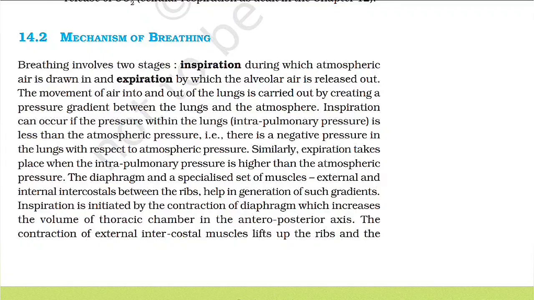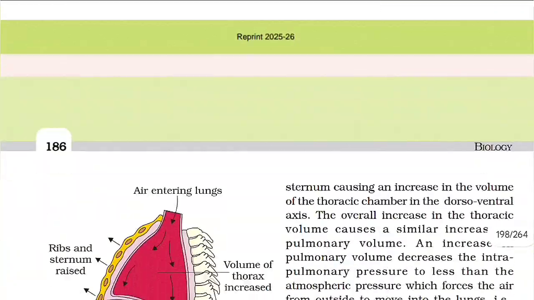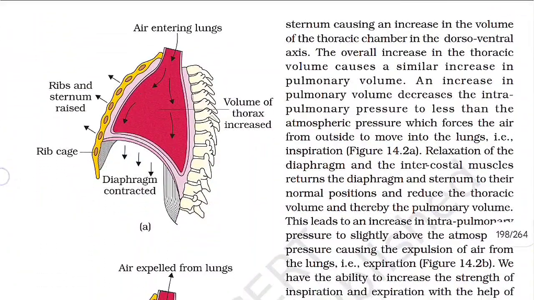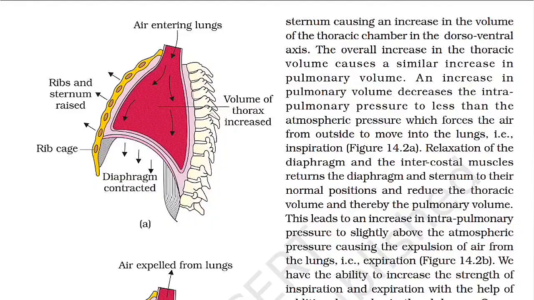The diaphragm and a specialized set of muscles, external and internal intercostals between the ribs, help in generation of such gradients. Inspiration is initiated by the contraction of the diaphragm, which increases the volume of the thoracic chamber in the anterior-posterior axis. The contraction of external intercostal muscles lifts up the ribs and the sternum, causing an increase in the volume of the thoracic chamber in the dorsoventral axis.